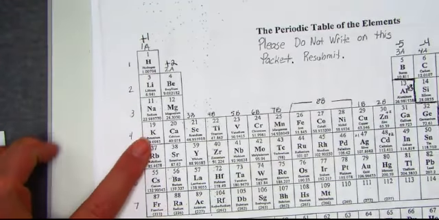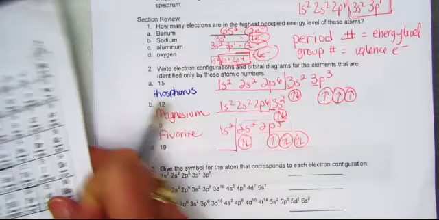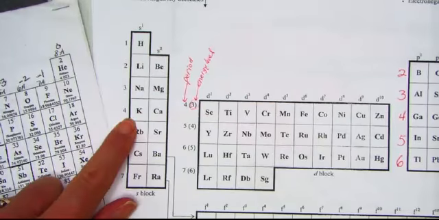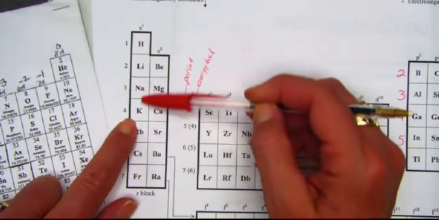One more to write, number 19. 19 is the element potassium. Potassium resides in the 4th energy level, period 4, in the first column.